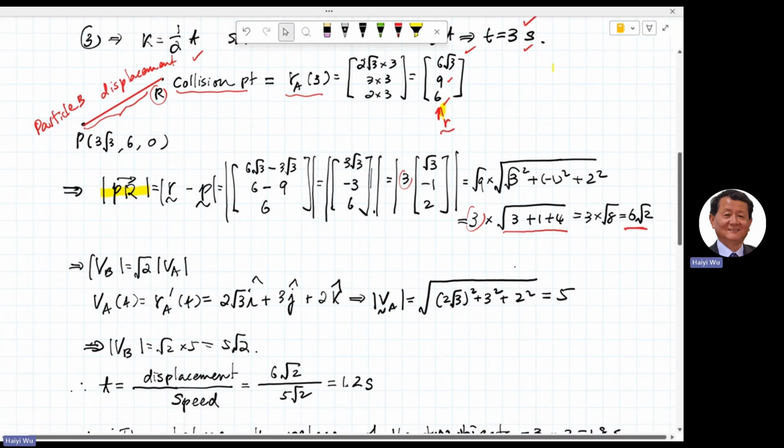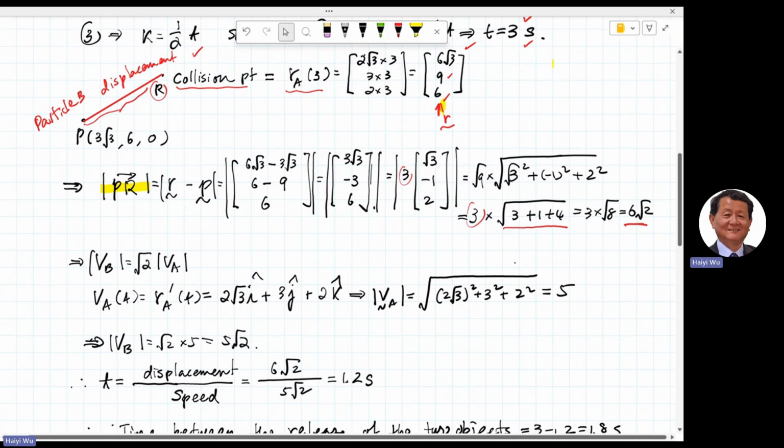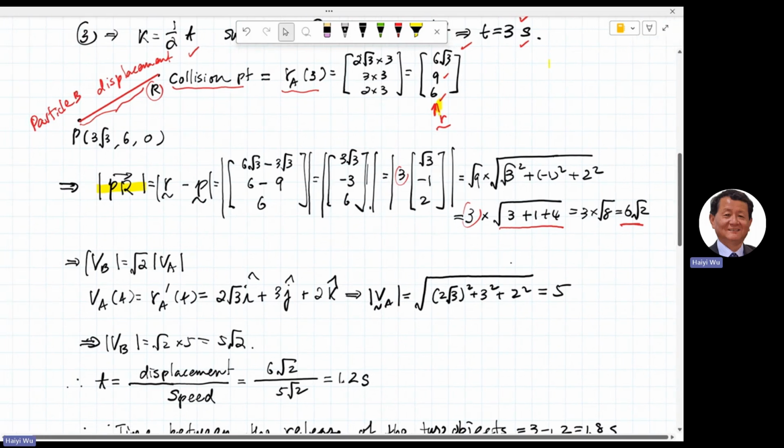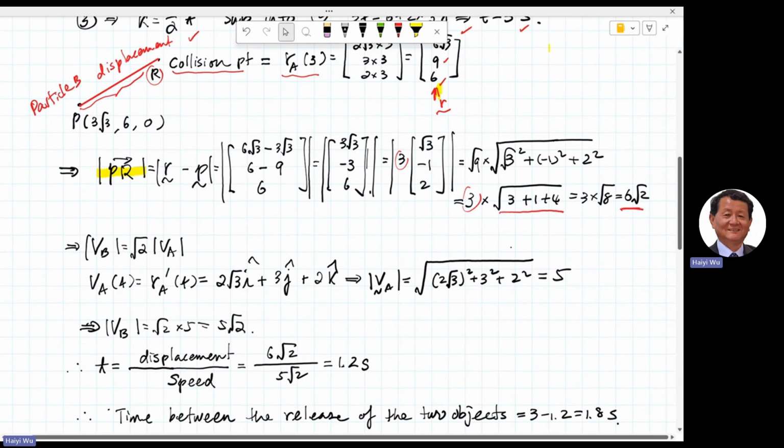Now we're going to find the time taken. We need to find the velocity or speed, so we can use distance divided by speed equals time. How do we find the velocity?